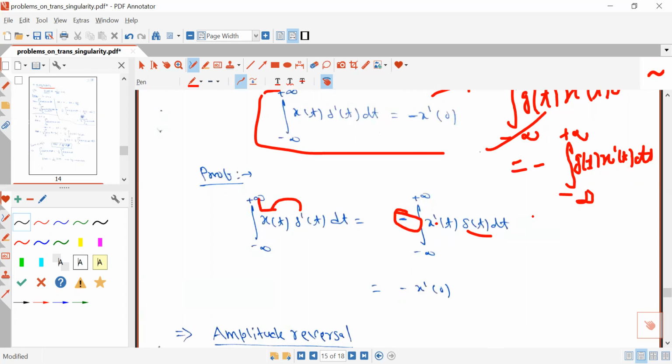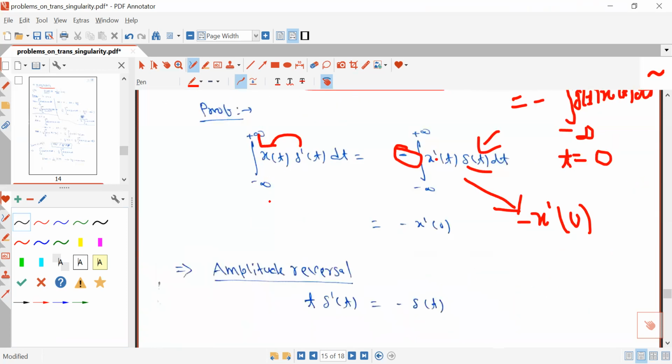And as you know, this delta t is 0 everywhere except t equal to 0, and at t equal to 0, delta t is not defined. So by the use of the shifting property, you can write directly this integration will be equal to x naught 0, because everywhere delta t will be 0.